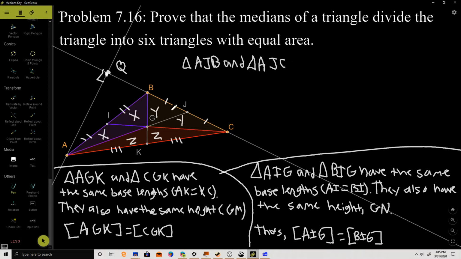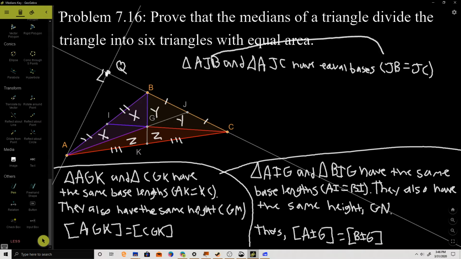Notice, if I'm considering AJB to have a base of JB, I'm going to say they have equal bases. So we have the one base being JB and the other base being JC, respectively.